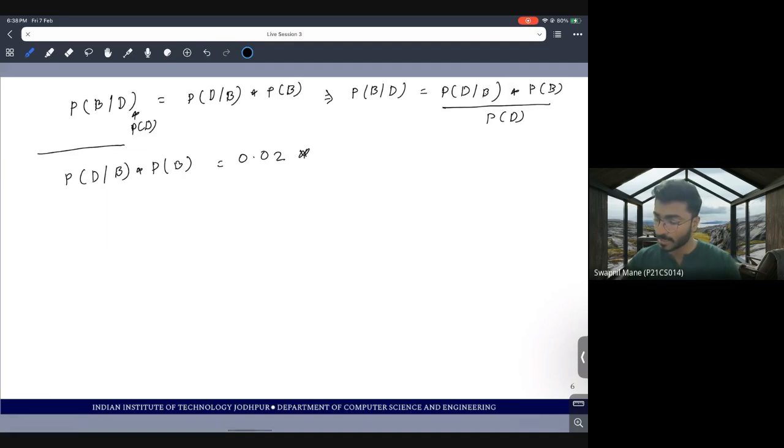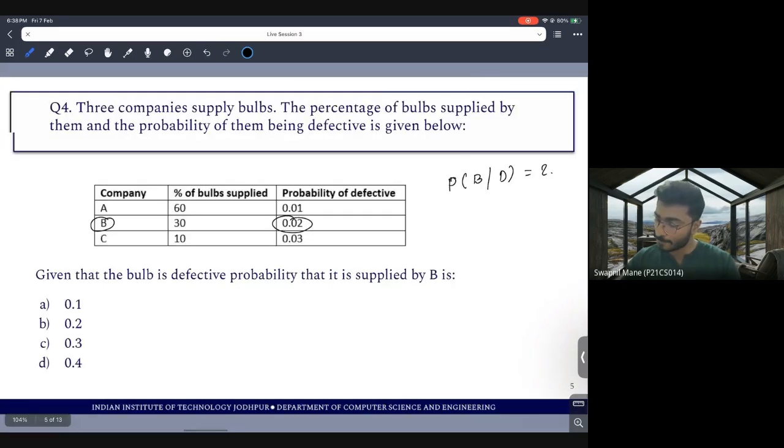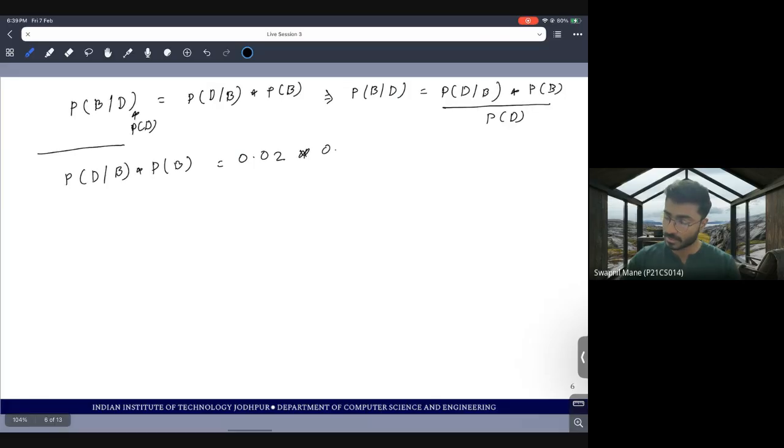Then we need to identify the probability of B supplied, which is 30. After calculating 30 divided by the total number supplied, we get 0.3, right? Maybe the value is 0.6. Yeah, it's correct.